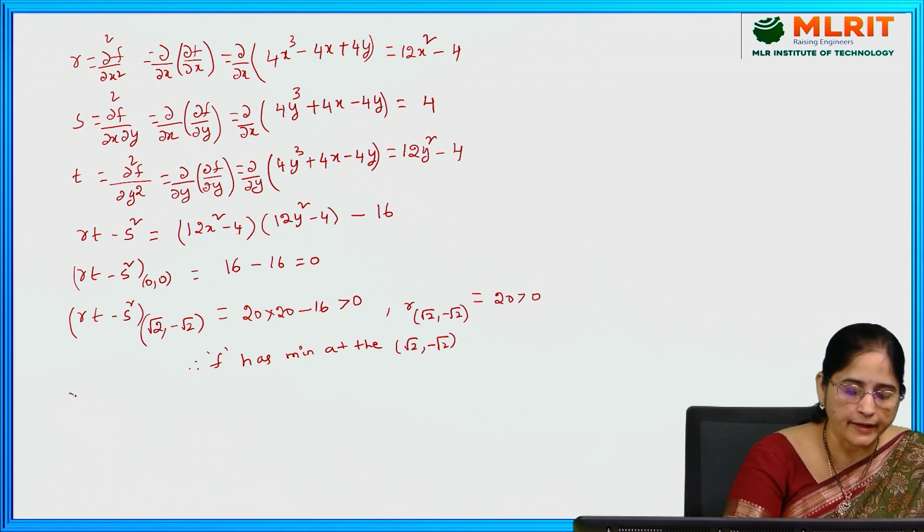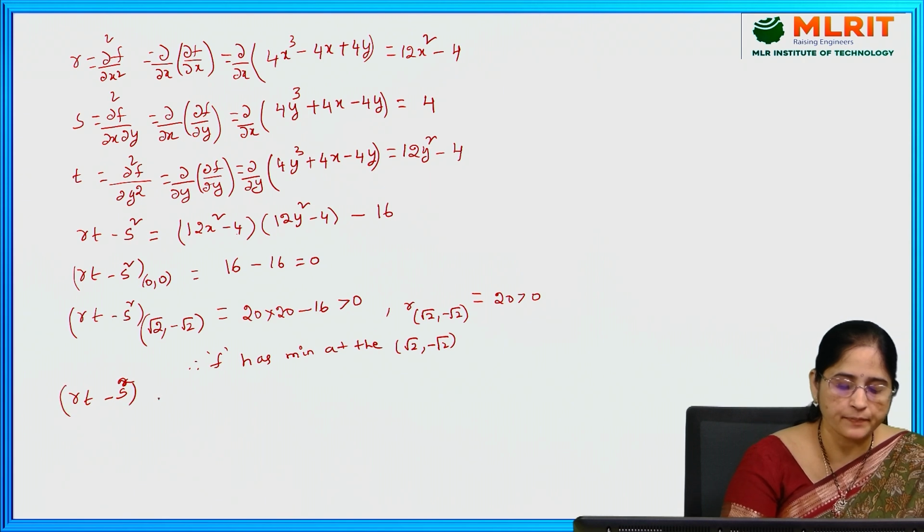Next, we have to find out rt minus s square at the point minus root 2 comma root 2.